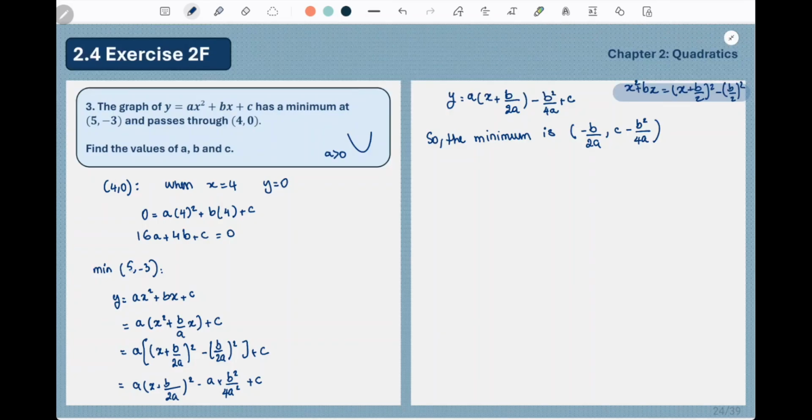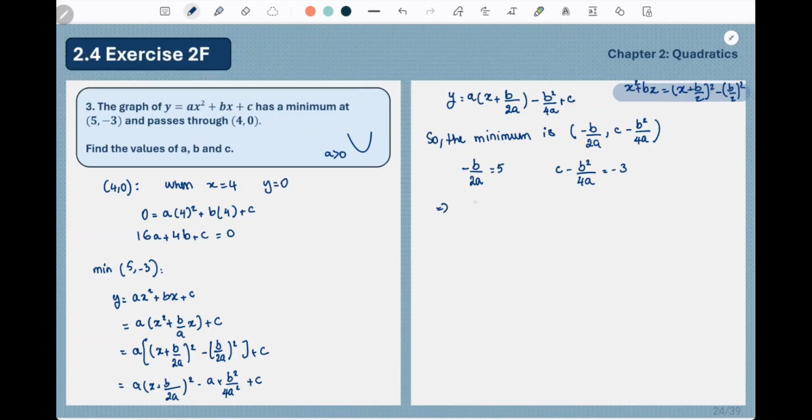We know the minimum is (5, -3), and we know it's equal to this value, so we can make them equal to each other. So minus b over 2a is equal to 5, and c minus b squared over 4a is equal to minus 3. That is perfect.